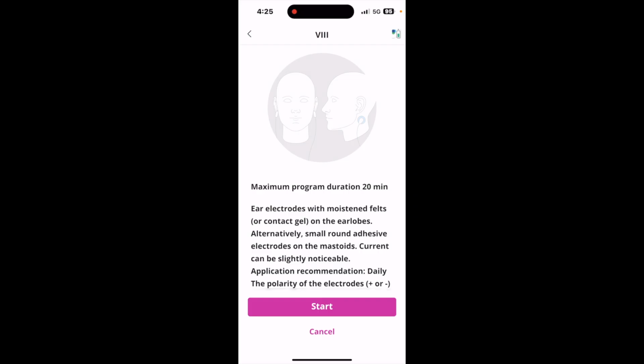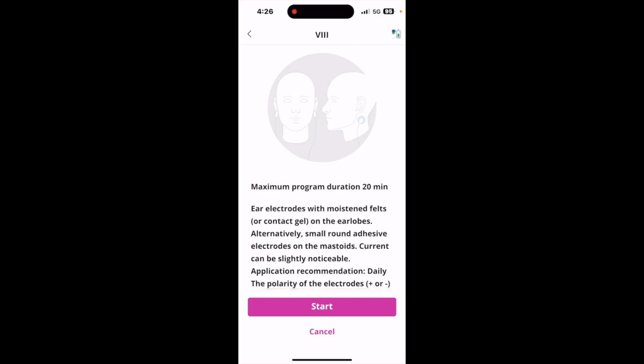Even if they don't feel any tingling sensation, do not use more than 30% because you might have a headache after that. For gel electrodes, you put them behind the ear, all right, behind the ear. Then just start and run the program for 20 minutes.